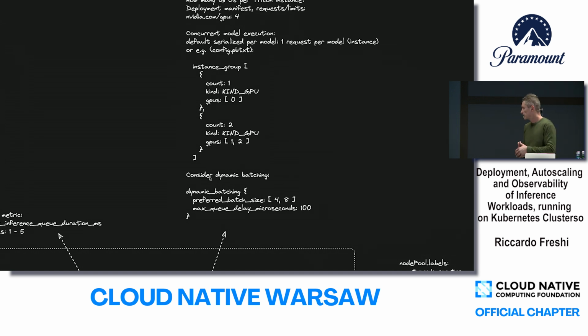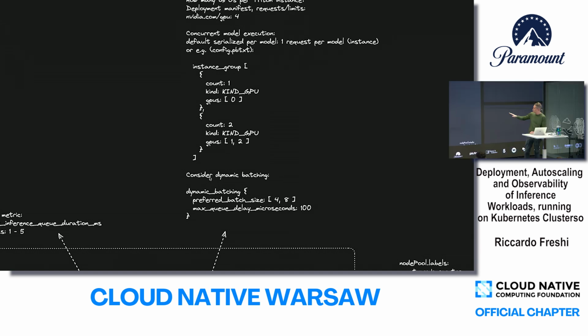So you group them together, and you allow Triton to group the requests together and to pass them on to the models. You can have preferred batch sizes, so batches can vary, of course, and you can set, for example, like in there, I want batches of requests of 4 and 8.